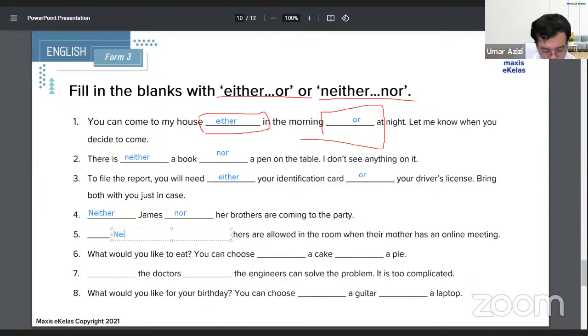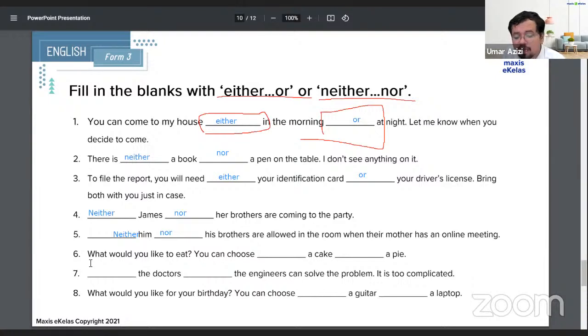Followed by Ayman, Hazmi, Aliyah, Hashwini, Hadra, Nursara, and also Joshan, who answer with the same answer. Neither him nor his brothers are allowed in the room. Again, his brothers here is plural, which is why we're using the plural form of is, are, allowed in the room when their mother has an online meeting.